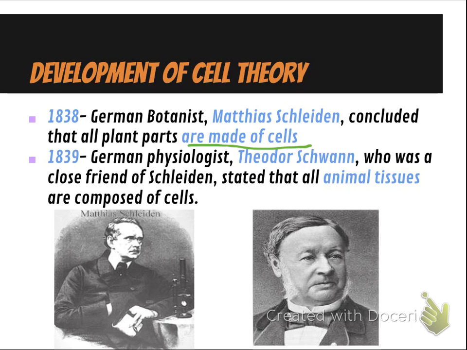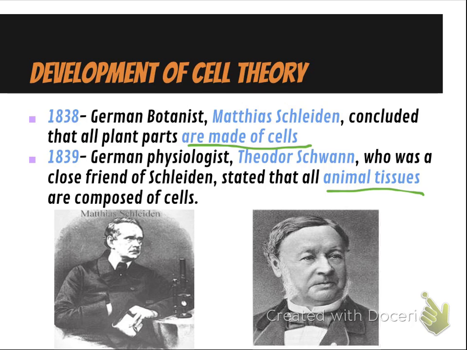And a friend of his, a year later, German physiologist Theodor Schwann, also summarized some of the earlier works of van Leeuwenhoek and other scientists and noted that animal tissues, and animals in general, are also composed of cells. Now, these were kind of obvious statements. Most people already knew this and agreed on this, so this wasn't anything groundbreaking or new.